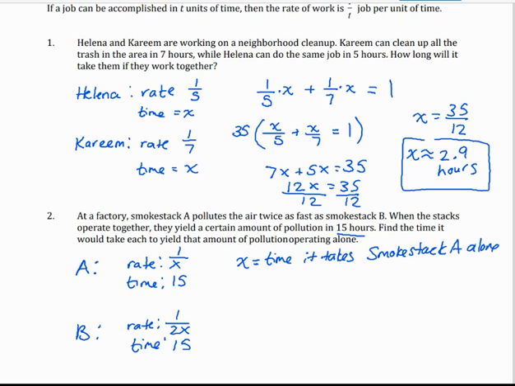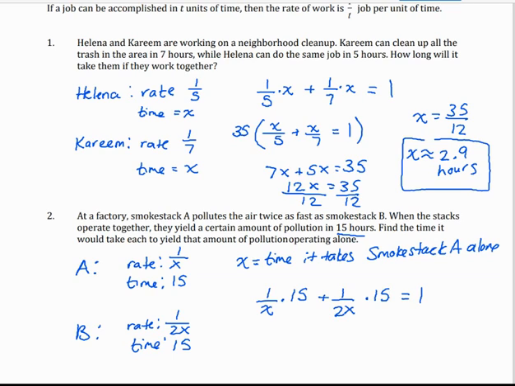So now we have the rates and their times, we can set up our equation, right? Together, they're both polluting, so they're working together. So therefore, the work that smokestack A is doing is its rate times its time plus smokestack B times its time, and that creates 1.